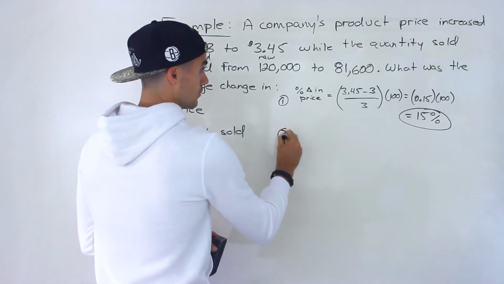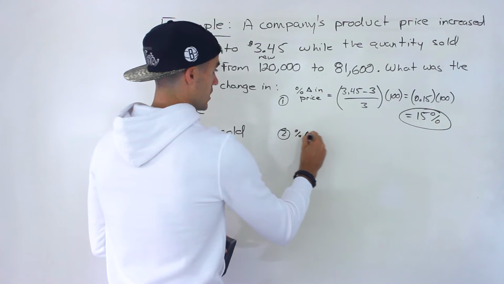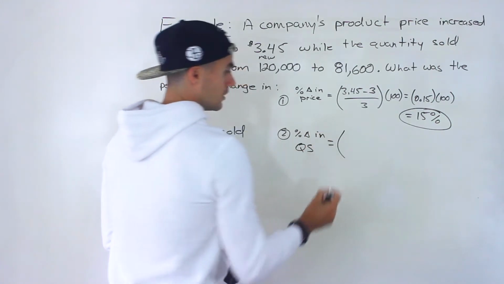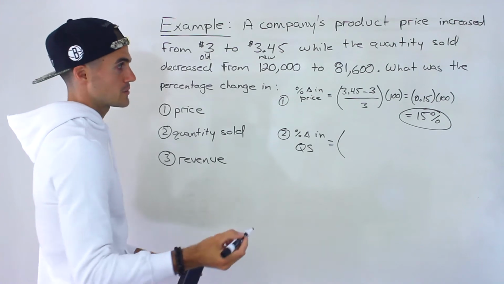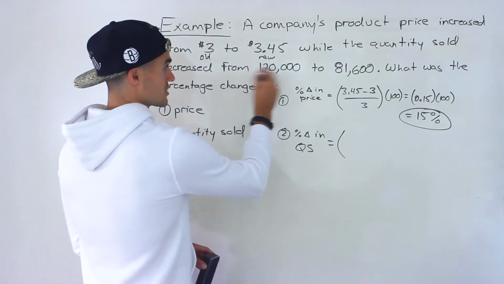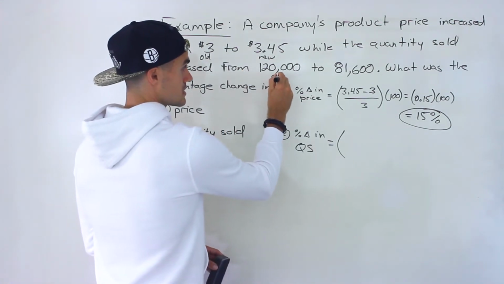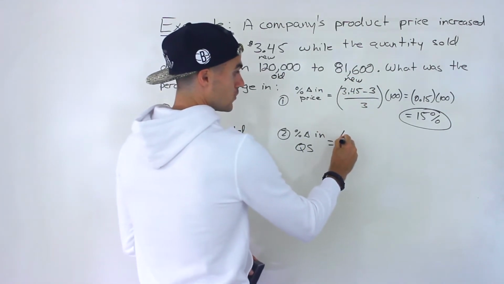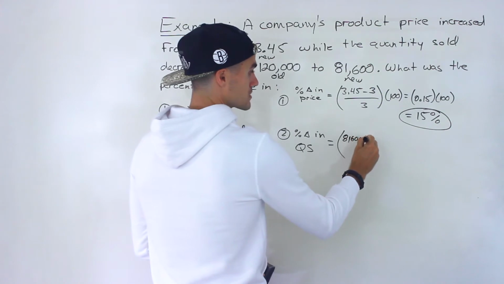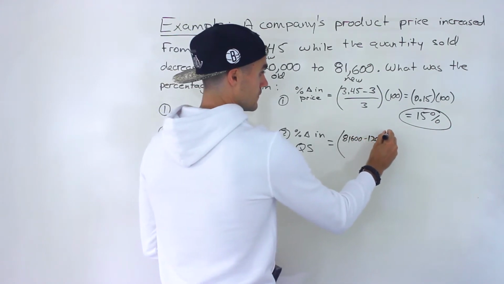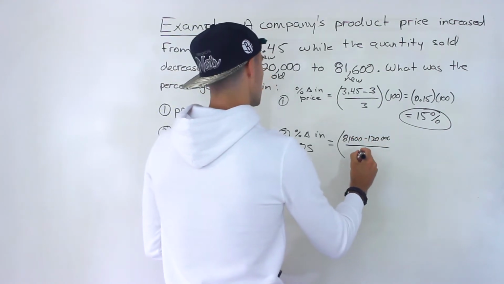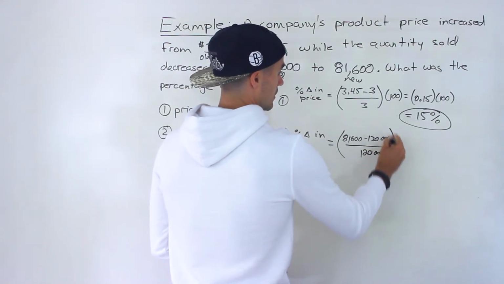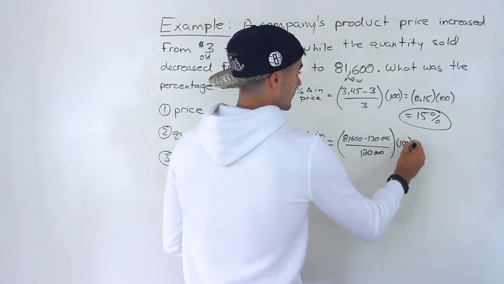Number two, what's the percentage change in quantity sold going to be? Well, same thing, new minus old over old times 100. But notice there's going to be a decrease here because this is the old and then this is the new. So we're going to have 81,600 minus 120,000 all over the 120,000 times 100.